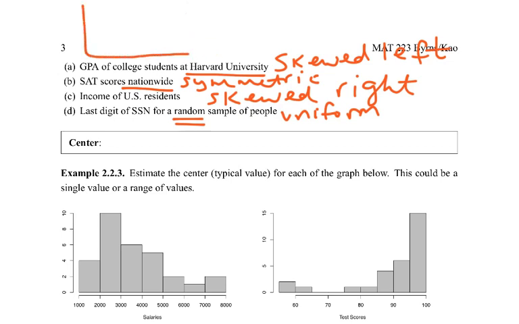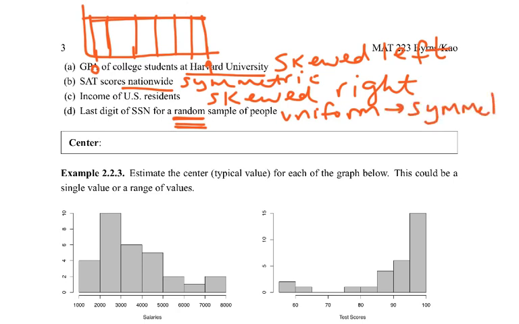If we're looking at digits of Social Security numbers, say 0 through 9, and doing it randomly, we have an equal chance of selecting people with a digit of 0 versus people with a digit of 9, and everything in between has an equal chance of being selected. So we would describe that as a uniform distribution. They're all the same, and for that reason, we can say symmetric. We can go over that one again in class if it's a little unclear. As long as the first three make sense, that's what matters right now.